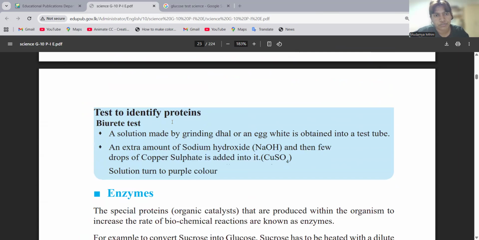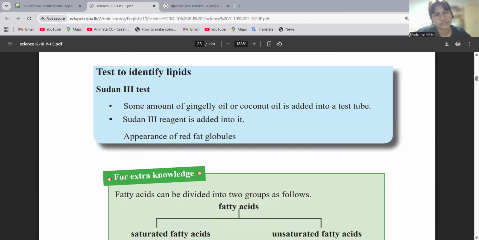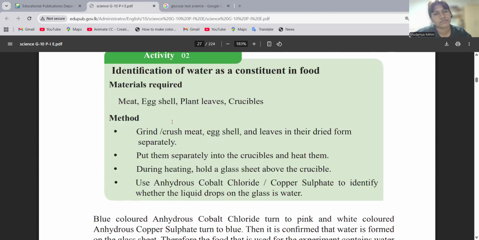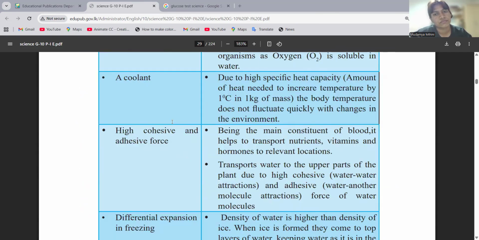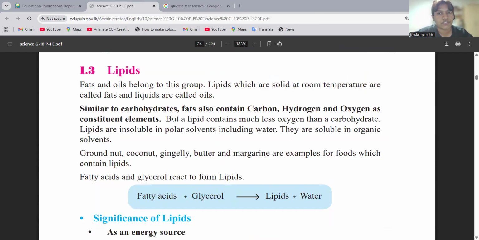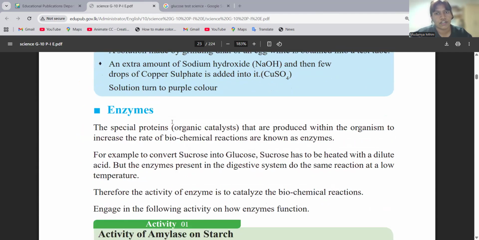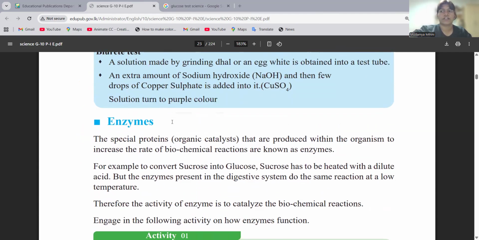Now let's go into the protein test. There's a lot of stuff, guys, because grade 10 first lesson is the longest lesson, I guess. And I used to hate it because there's a lot of things to study, and I hated studying.